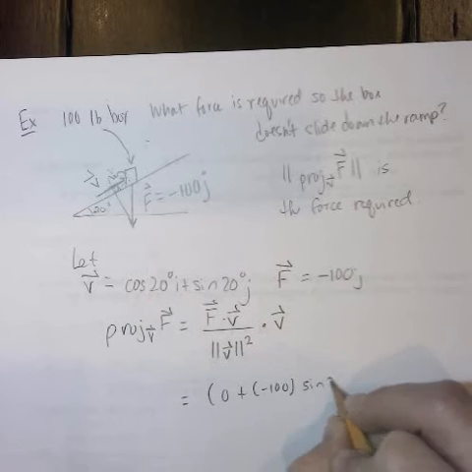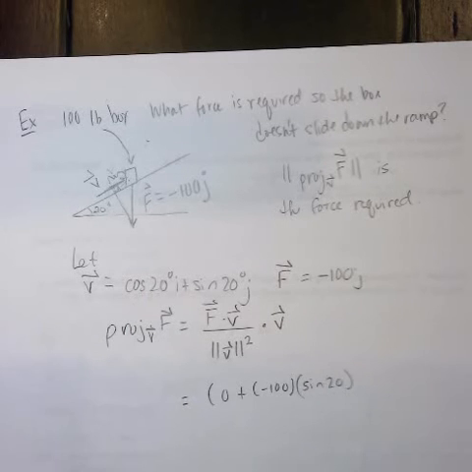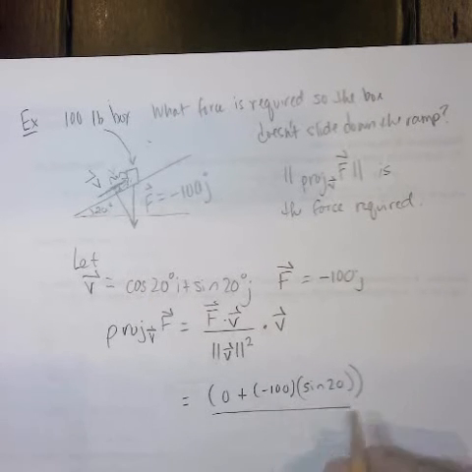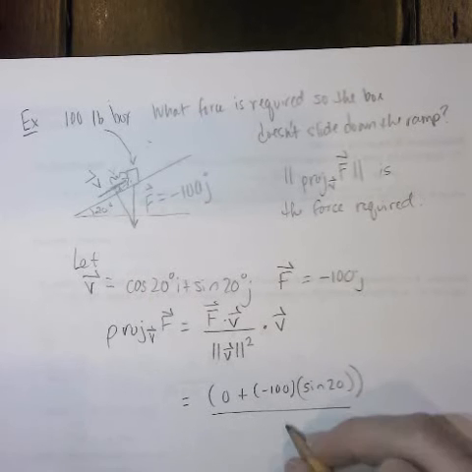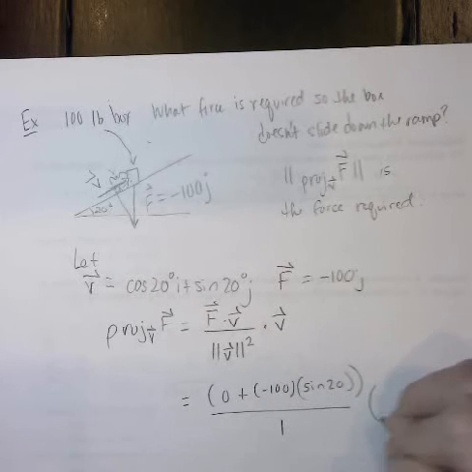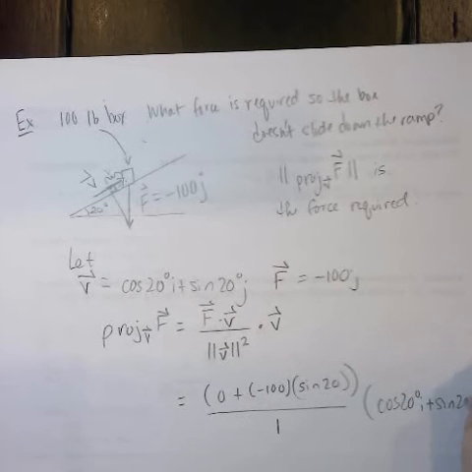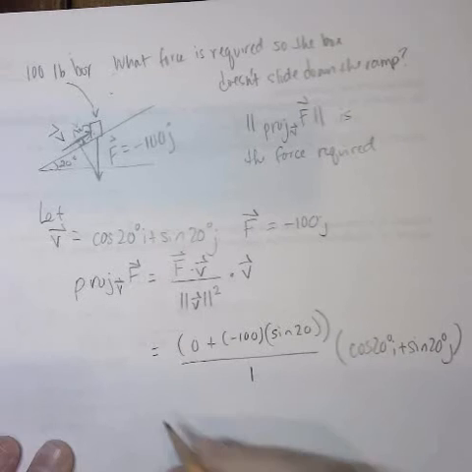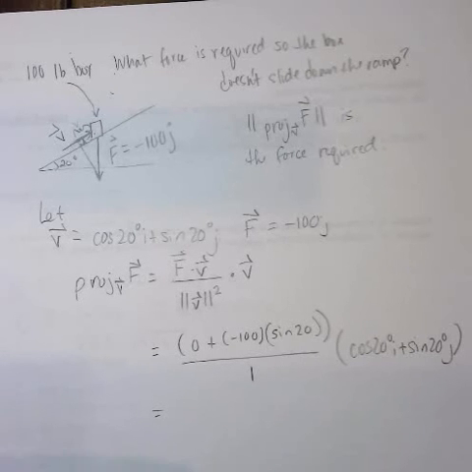Maybe I should have used 30 degrees there, then I could have done that without a calculator, huh? That's okay. And then of course we got 1 squared, so this is just 1 down here, and then times our vector. So I'll have to use a calculator here.